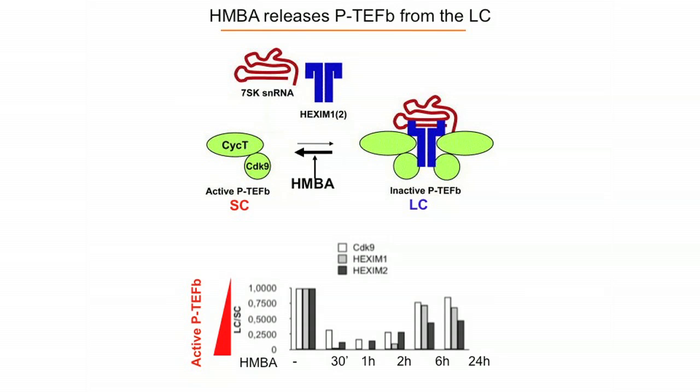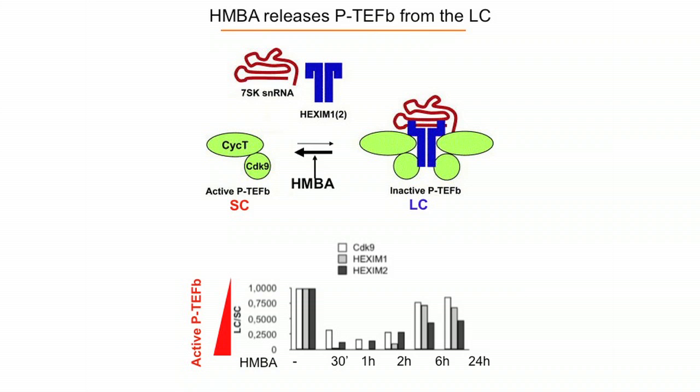And what we found was really very important for all the strategies of eradication: the first thing that HMBA does, it completely destroys the large complex. Completely destroys the large complex. All the P-TEFb is released. But within 6 hours, there's so much HEXIM being made from the released P-TEFb that the whole thing reassembles. And the reason it doesn't overshoot here is because the cells undergo apoptosis and die, because all the P-TEFb has now been removed.